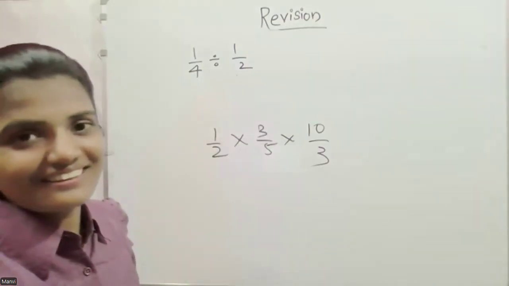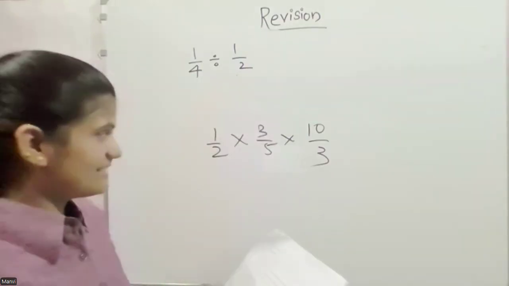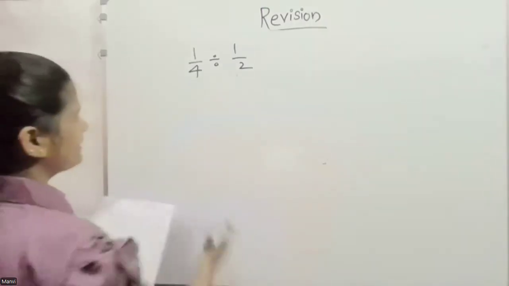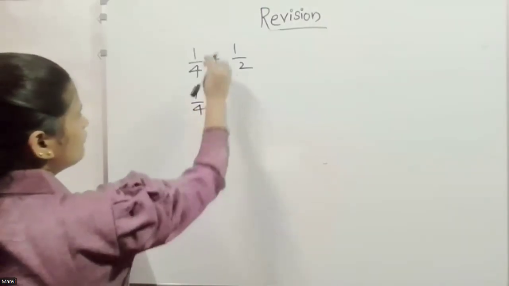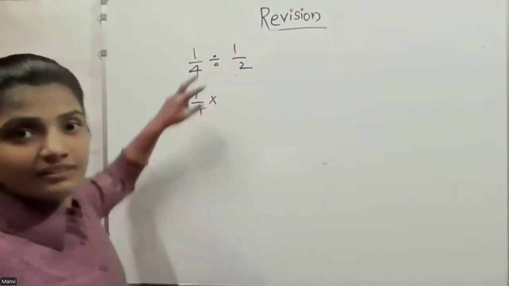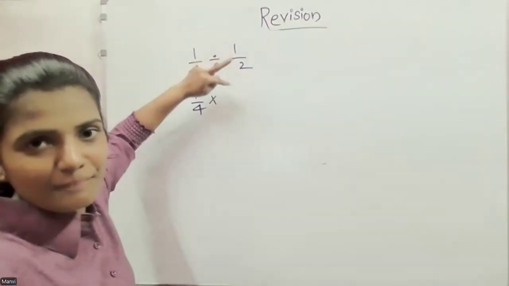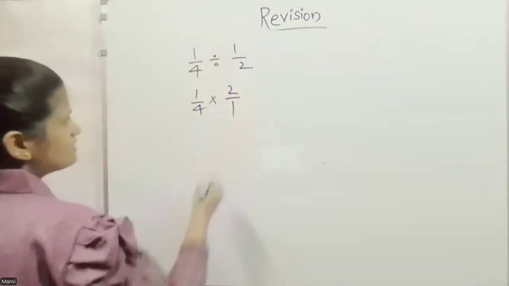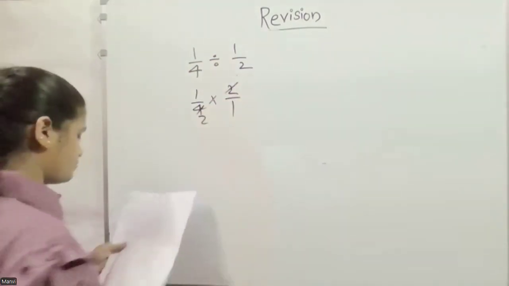Is it 1 by 2? Yeah. So we need to change this division to multiplication and swap it. Interchange 2 with 1. So this will become 2.